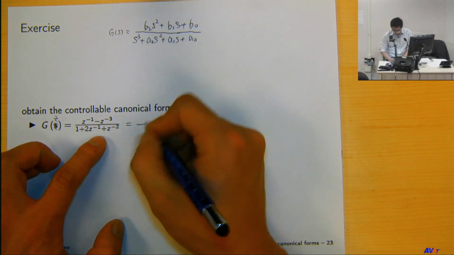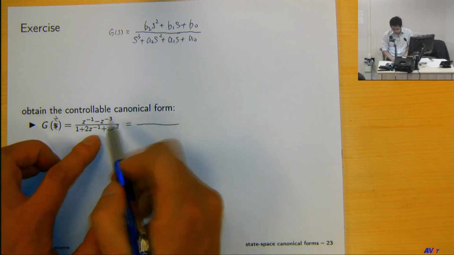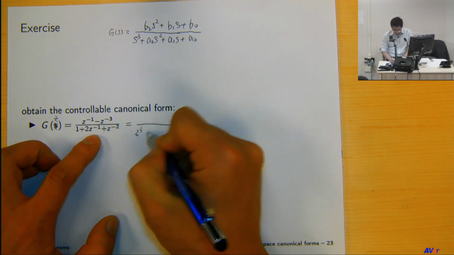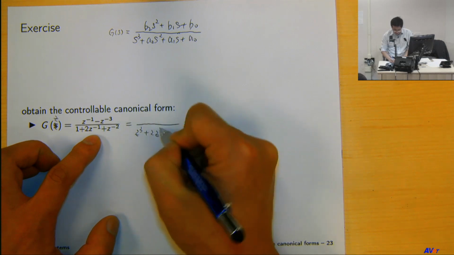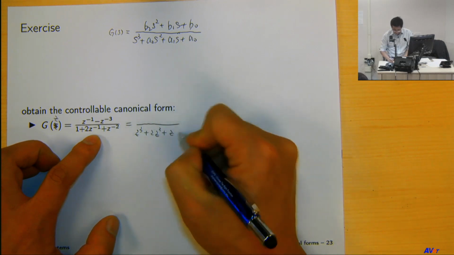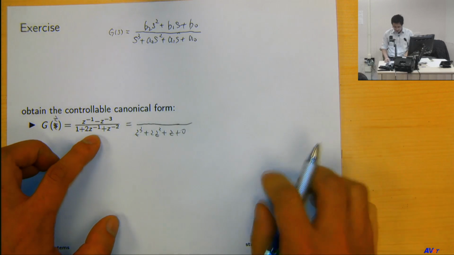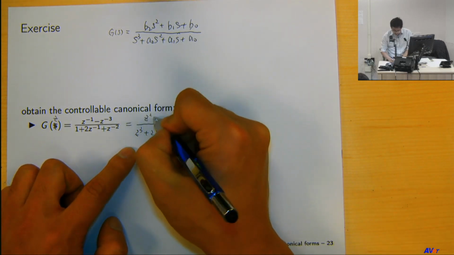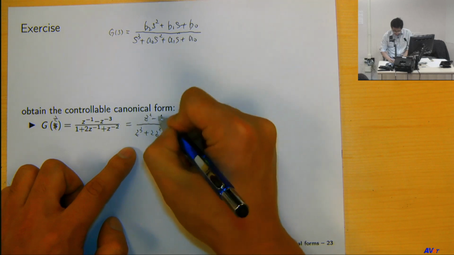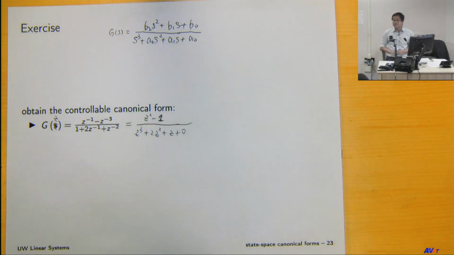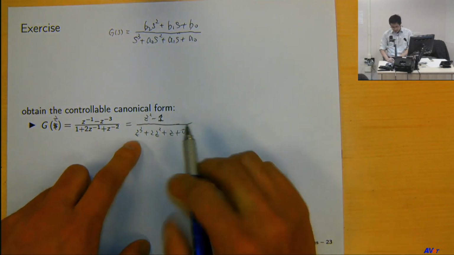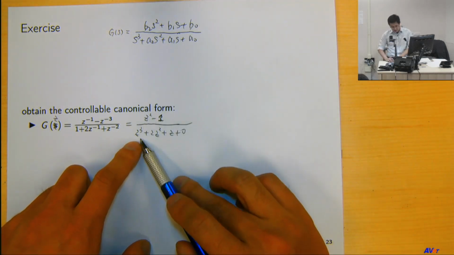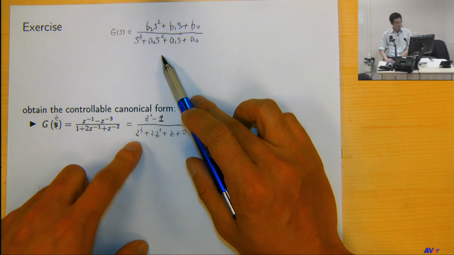I see the highest order is z to the power of -3, so I multiply by z to the power of -3 and get this in the denominator, and in the numerator I got 1. So that's my first step. And then the difference between these two is just a notation difference. This is using z, this is using s, and then nothing else.